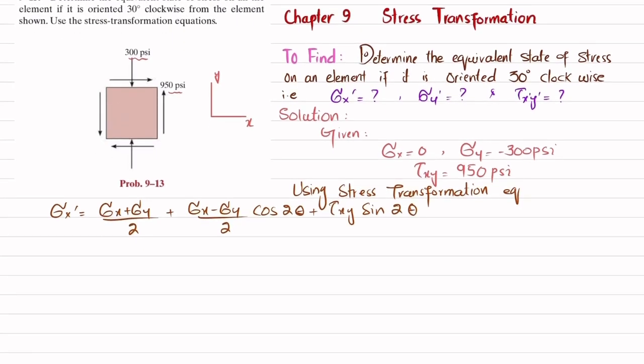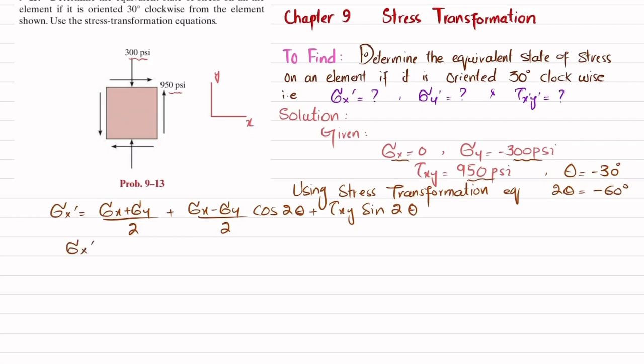Now we have the sigma x value, we have sigma y, we have tau of xy, and theta is given as 30 degrees clockwise. Clockwise is taken as negative, so theta is minus 30 degrees. So 2 theta will be equal to minus 60 degrees. Put it in this formula.